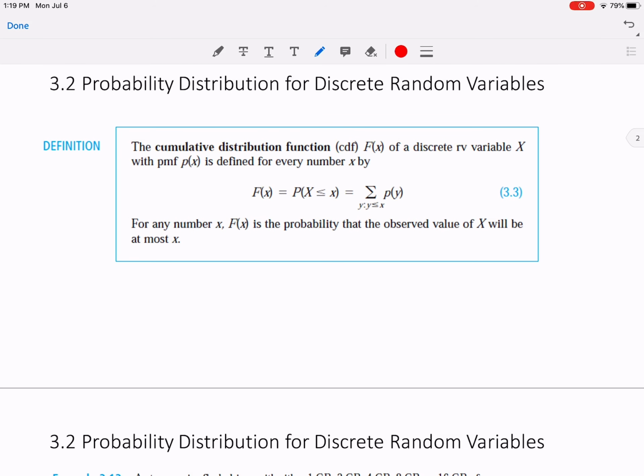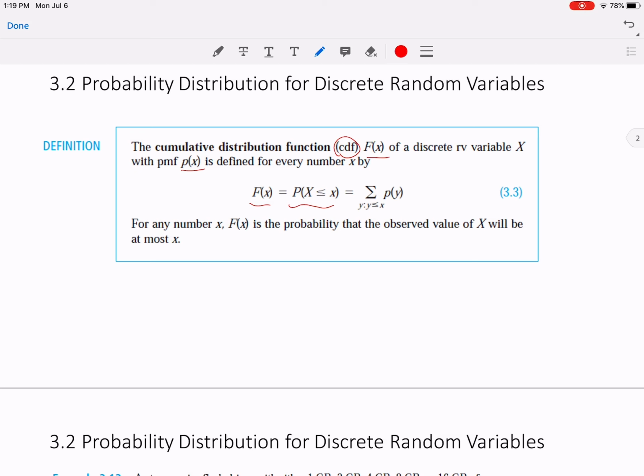The cumulative distribution function, CDF for short, and we're going to use it a lot in this class. The CDF F of x of a discrete random variable x with a PMF p of x is defined for every number x by capital F of x equal to the probability that x is less than or equal to this little x.